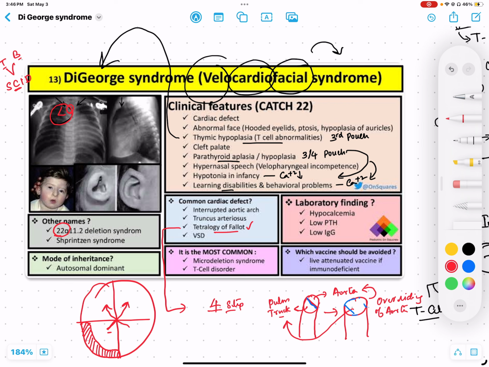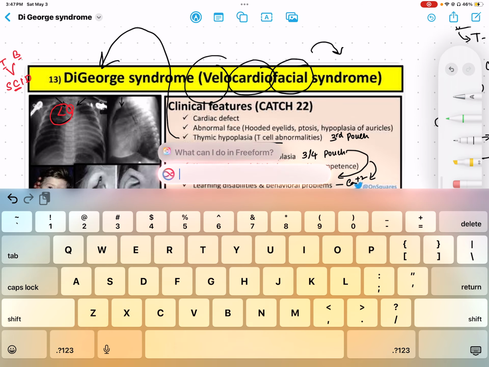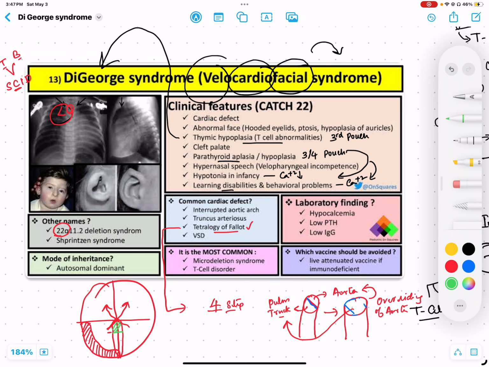And if you can remember, the ventricular septum is made up of two components. One component is the membranous part, and the other component is the muscular part. Along with the truncus arteriosus, the membranous part also develops.